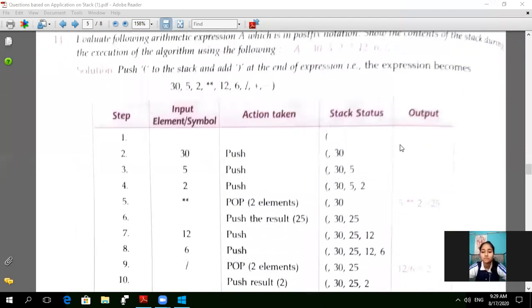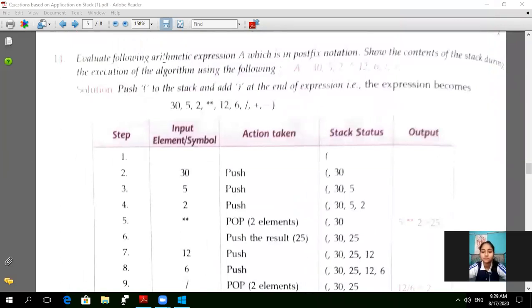Next is the question. The question is: evaluate the following arithmetic expression A. The expression is like this: 30 5 2, where the two-multiply sign is given, that means this is the exponent symbol, in postfix notation. So the content of the stack during the execution of the algorithm using the following.